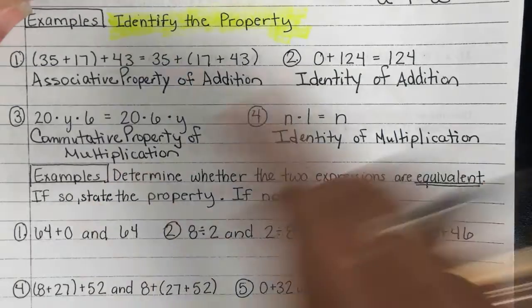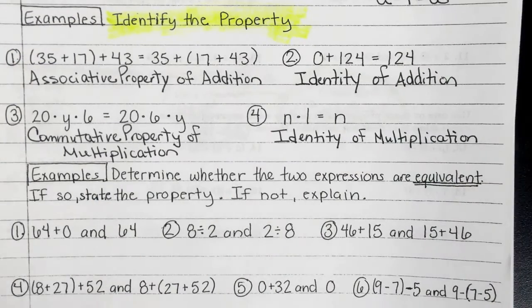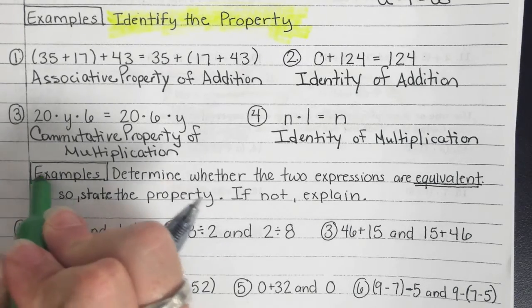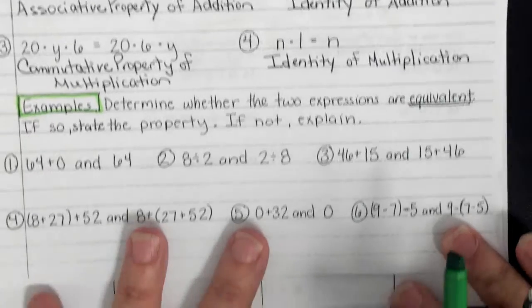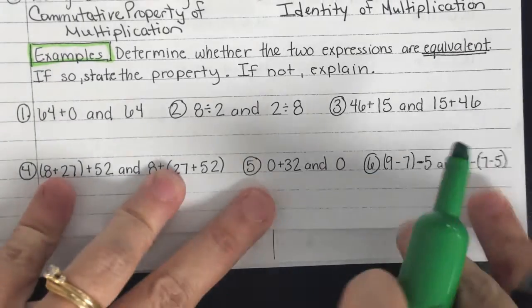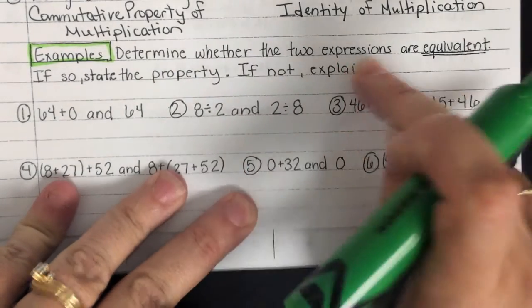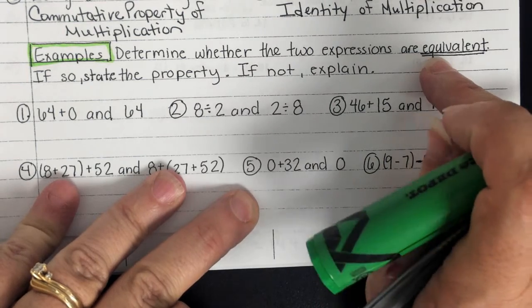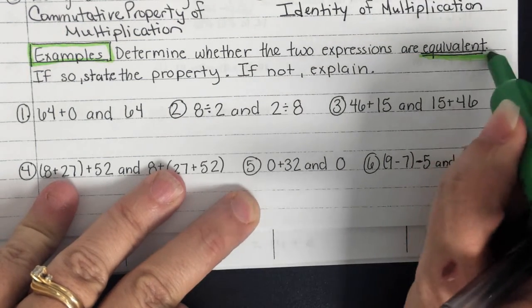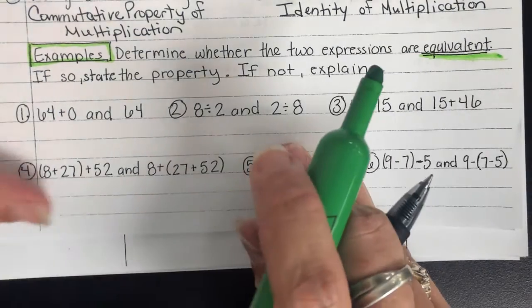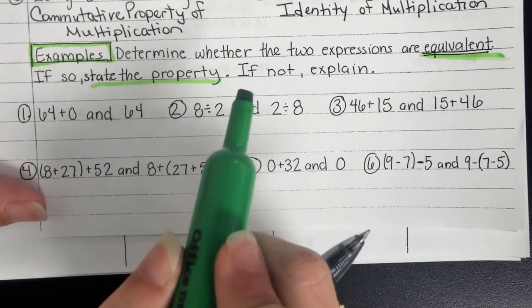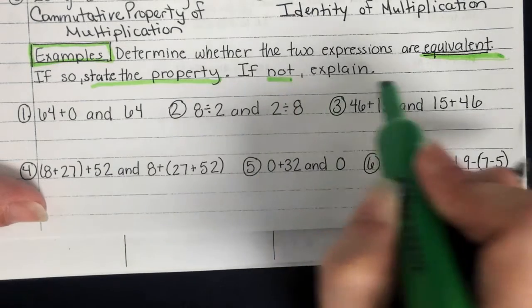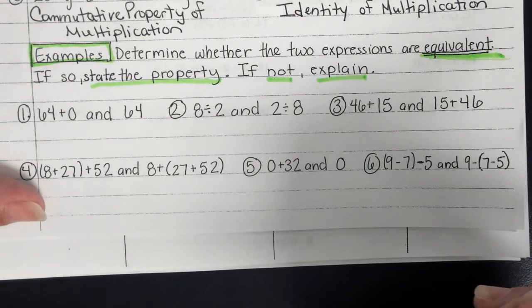On this set, right here where I'm talking about, we have to determine whether the two expressions are equivalent. So we're going to figure out if they're equal, yes or no. Then, if they are, we're going to tell a property. If they're not, we're going to explain why it didn't work.